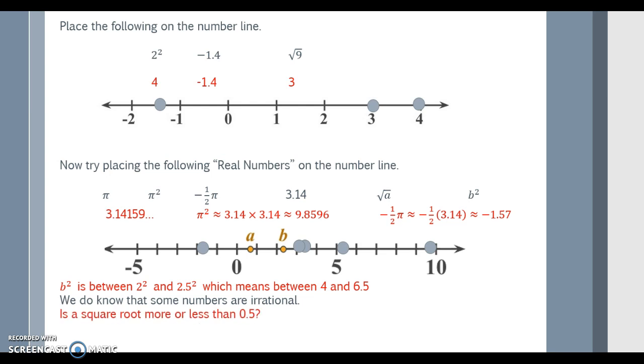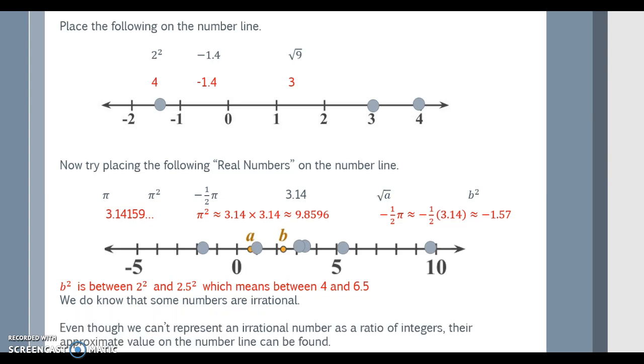The square root of a then, we know the square root is more or less than half. So then 2/10 times 2/10 is 4/100, and 7/10 times 7/10 is 49/100. So it must go between 4/100 and 49/100.